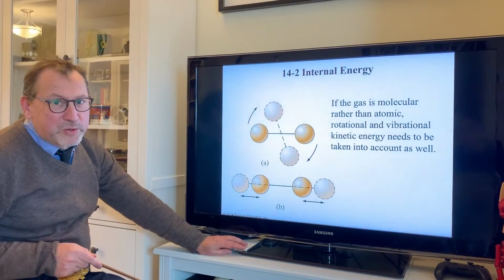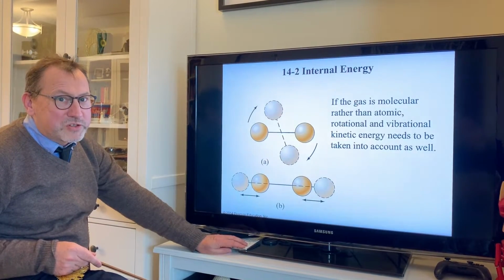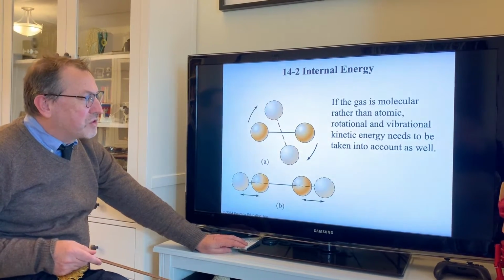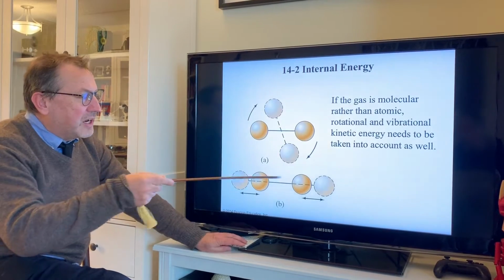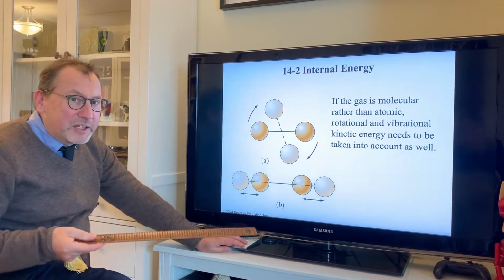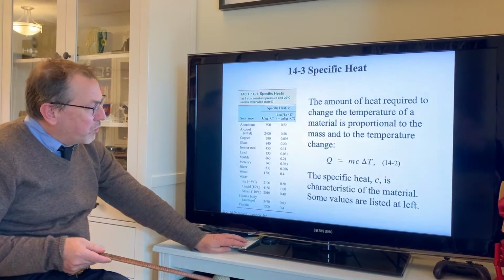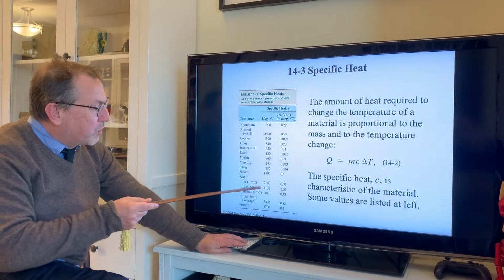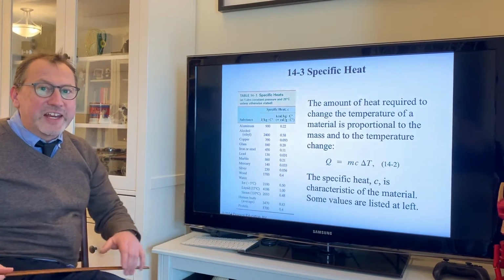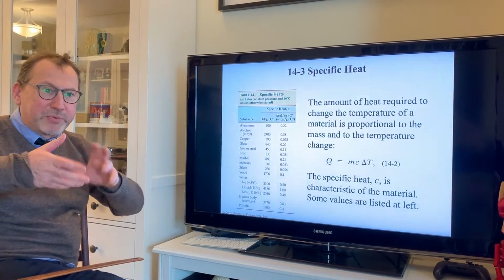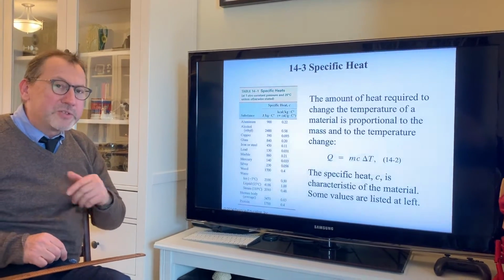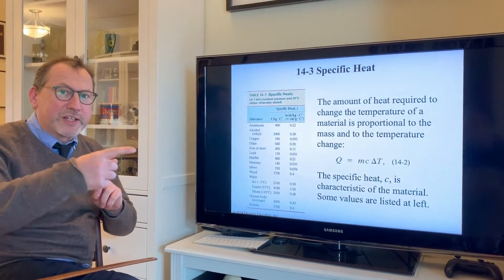The water molecule is a complex molecule. It's got oxygen and 2 hydrogens, and the water molecule can vibrate and rotate in many different modes. So when I put thermal energy into water, a lot of that energy goes into making it vibrate and rotate, and not so much of it goes into making it translate.